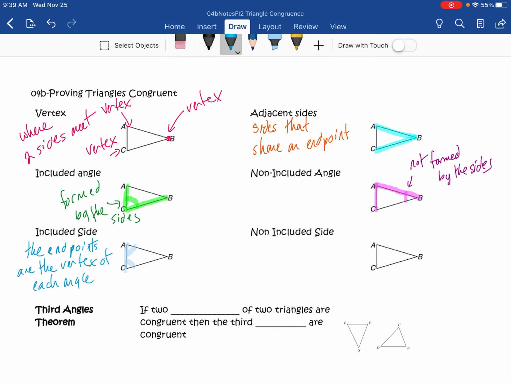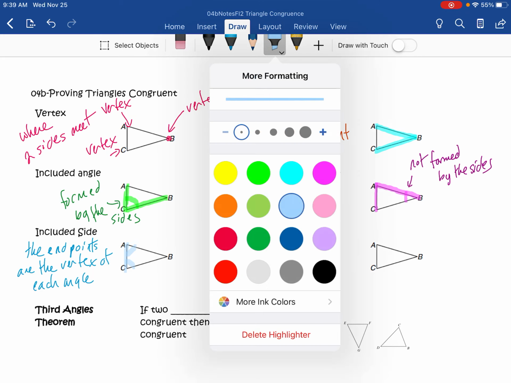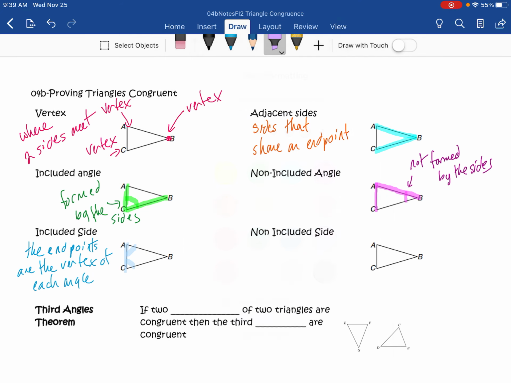And then the non-included side. So if we're talking about AC in this case, well, this would be a non-included side of those angles, okay?